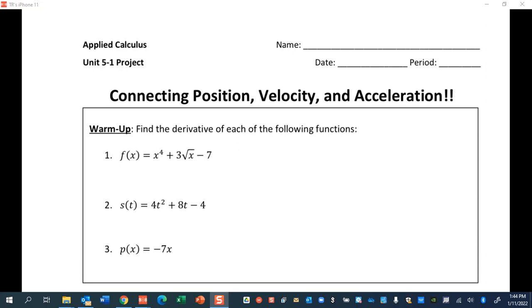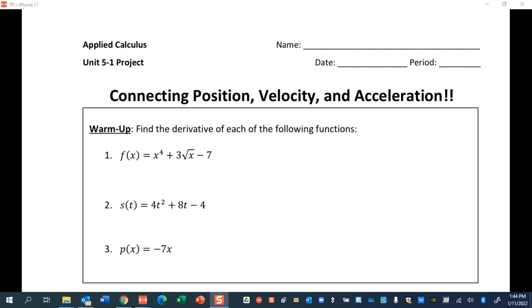Our speed can be in terms of miles per hour, if I'm talking about driving a car. Our speed can be in terms of meters per second, if I'm a swimmer. My speed can be in terms of number of copies per second, if I'm talking about a copy machine. So your speed is going to be whatever you're measuring compared to the elapsed time. Does that all make sense to you?